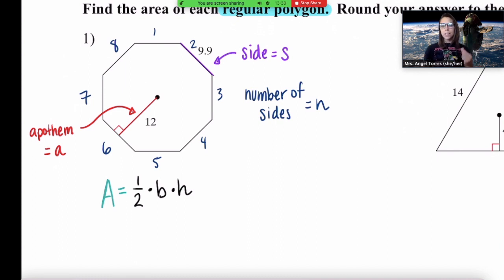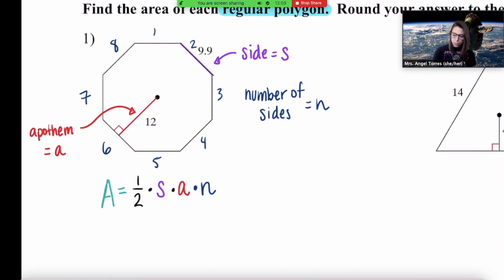But now let's fill in what it's actually called with this diagram, with this octagon. The base is one of the side lengths, S. And the height is called the apothem. That will give you the area of that one triangle. And then to find the total area, you just need to multiply it by the number of sides.